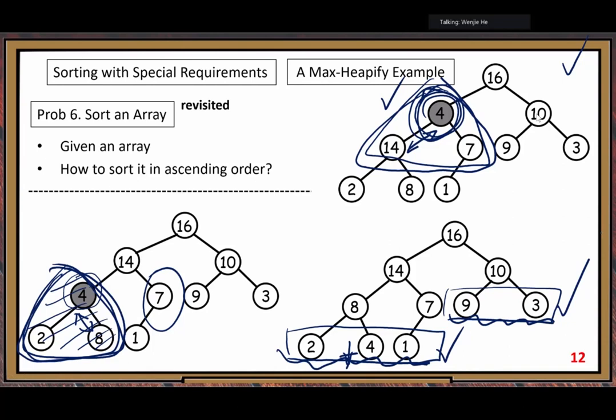All right. So now we are very close to the situation where we can apply the heap sort. But we need to do some more work. Before the last step, we have an important step we need to do.